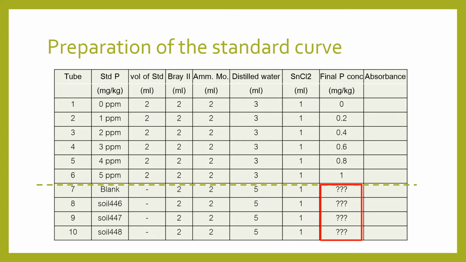Then we will deliver 2 milliliters of molybdenum reagent and add 5 milliliters of distilled water. And finally, we will add 1 milliliter of cyanide chloride. After that, we will analyze the absorbance by spectrophotometer, and we can calculate the concentration of the sample by the linear equation.